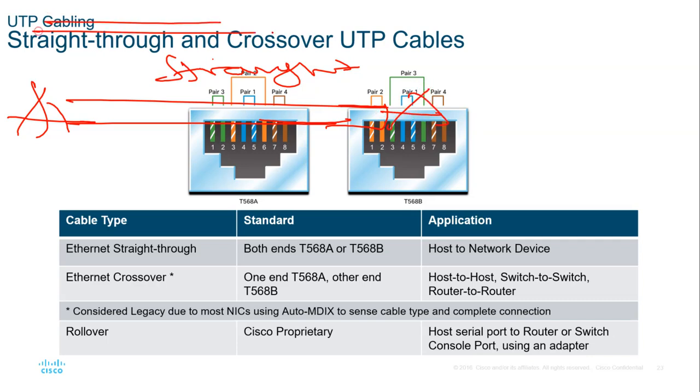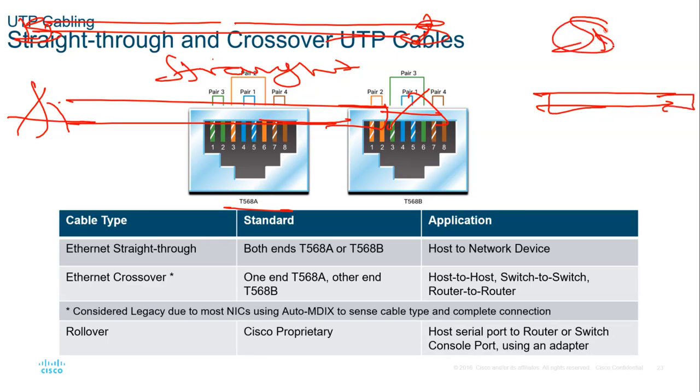Or you can decide to use B and then B on the other side. So you just pick one standard and you arrange it on both ends. If it's a crossover, then I have to use both standards, A then B, or B here and then on this side A. So the two standards have to be used.